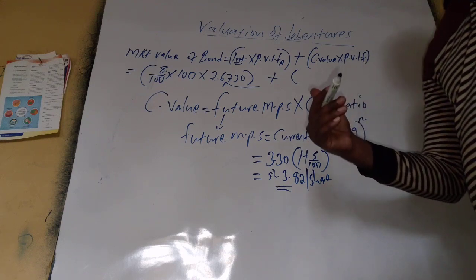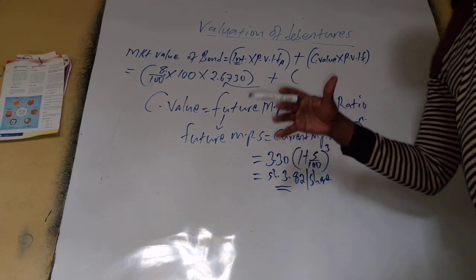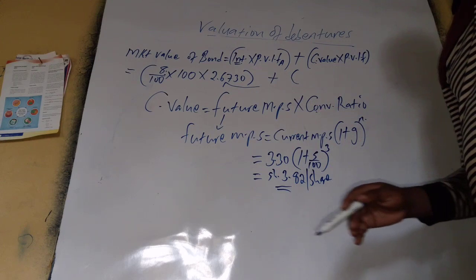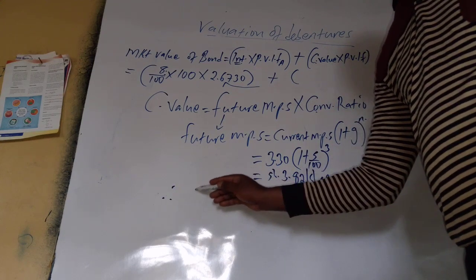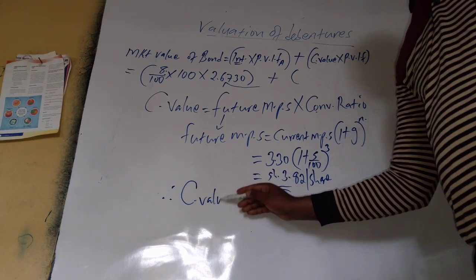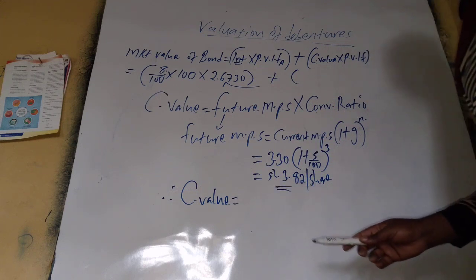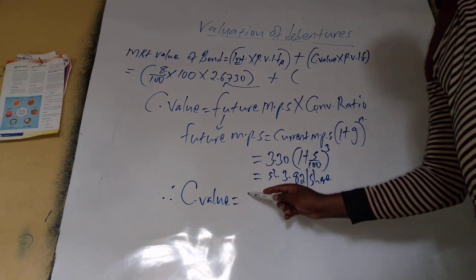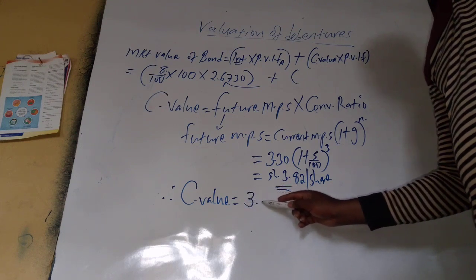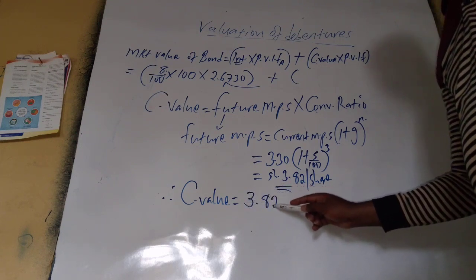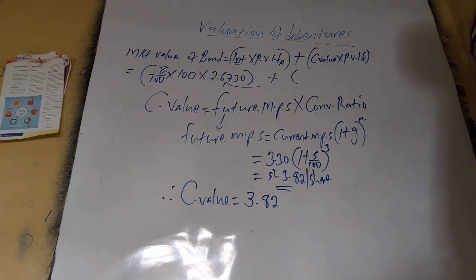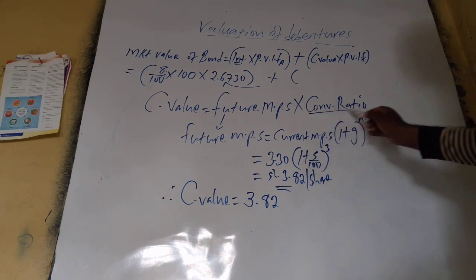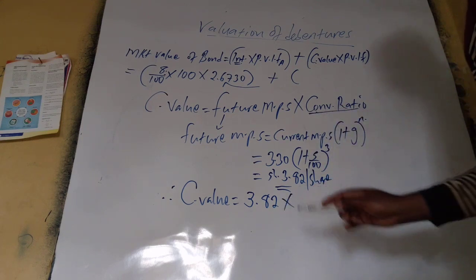And this is the price that we will use to convert the bond. Therefore, conversion value is equal to that future price multiplied by the conversion ratio.